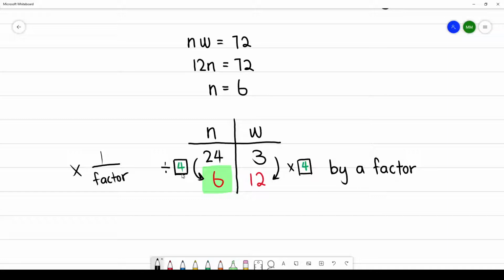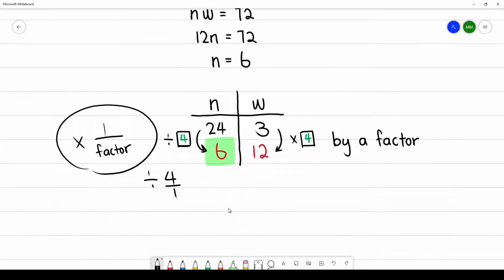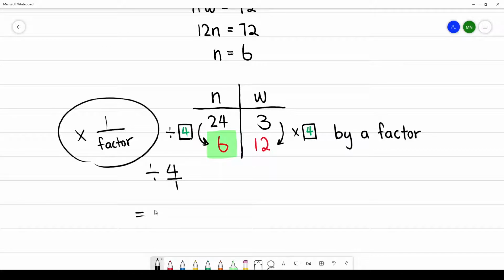Divided by 4 is the same thing as times 1 over the factor, because dividing by 4 is dividing by 4 over 1, which is essentially timesing it by 1 over 4. So when you times this by 4, the other variable you have to times by 1 over 4.